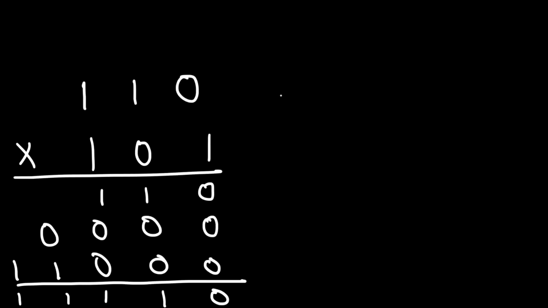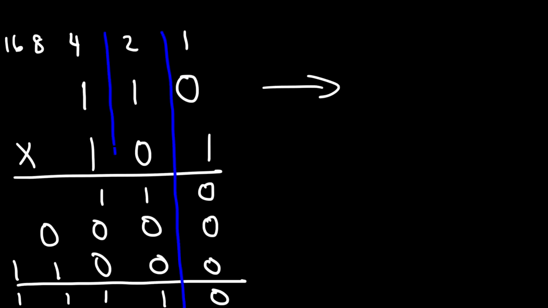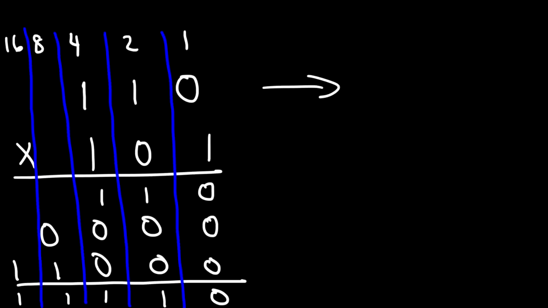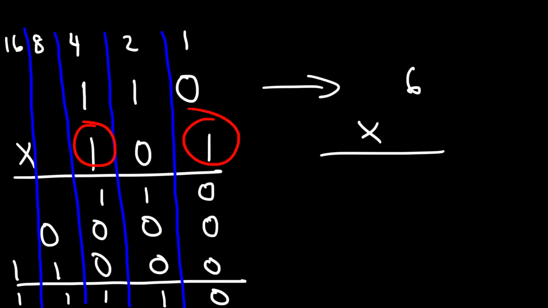So now let's check the answer. This is going to be 1, 2, 4, 8, and the last one 16. So this is going to be 4 plus 2, which is 6. And this is 4 plus 1, which is 5.